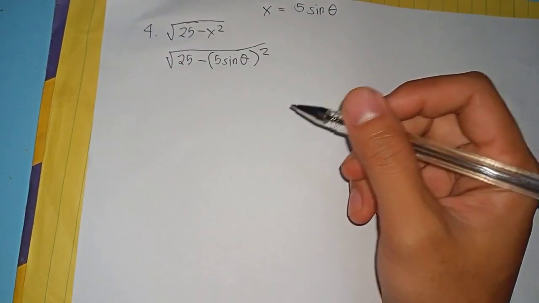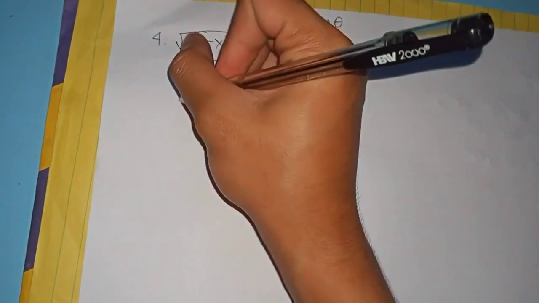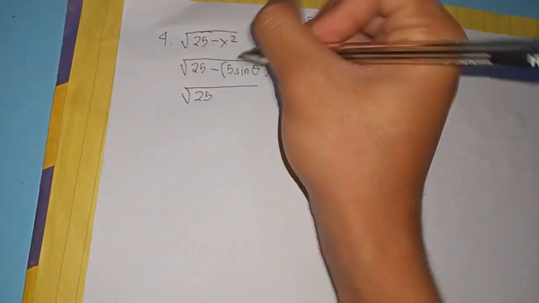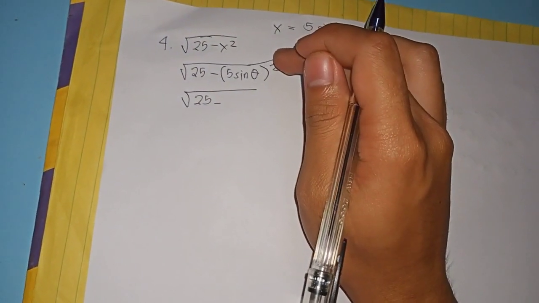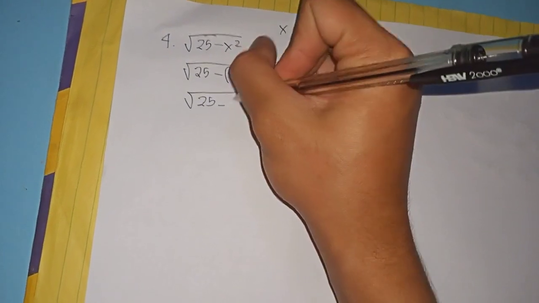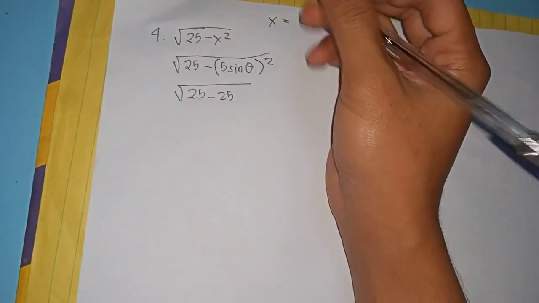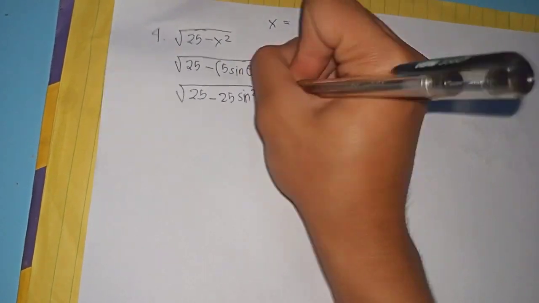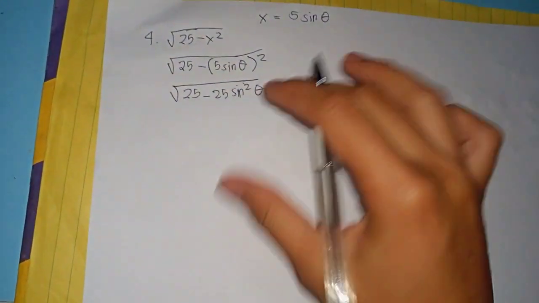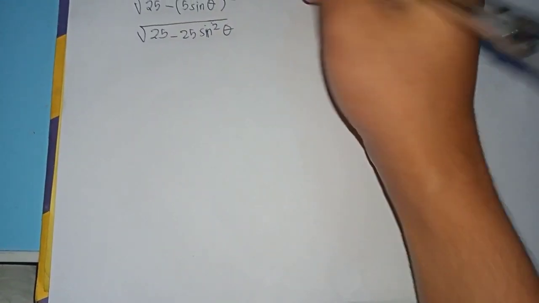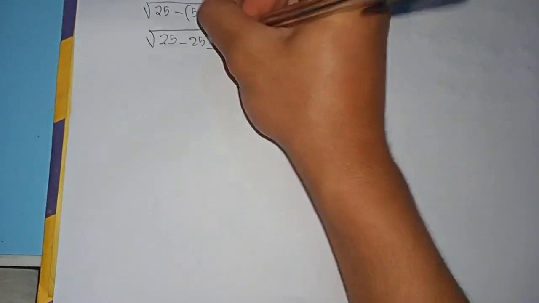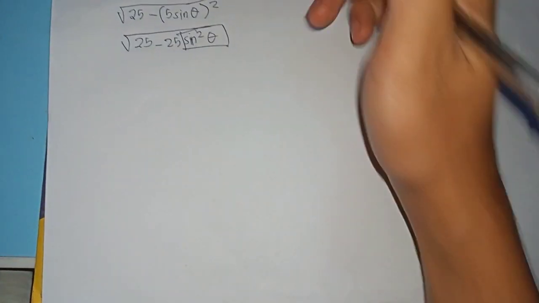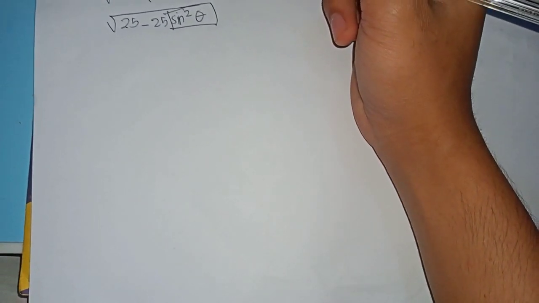First, we're going to simplify this. 5 times 5, we have 25 sine squared theta.